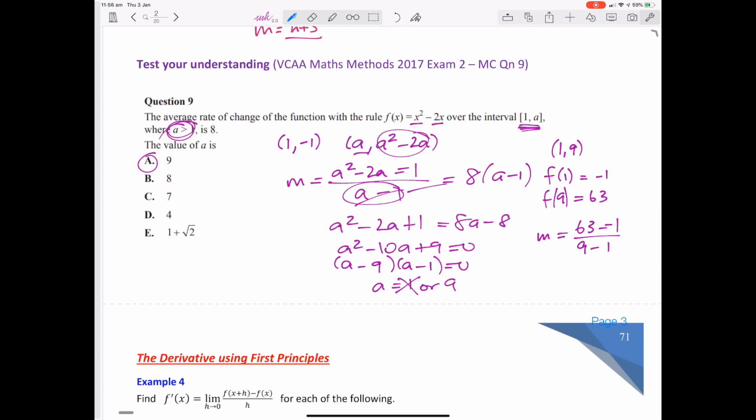Did I stuff that up? 81 minus 18 is 63. Okay, so I get 64 on 8, which is 8. So we know that 9 must be correct.